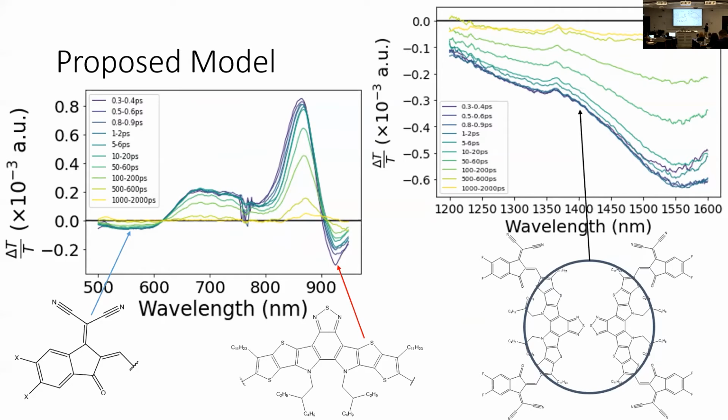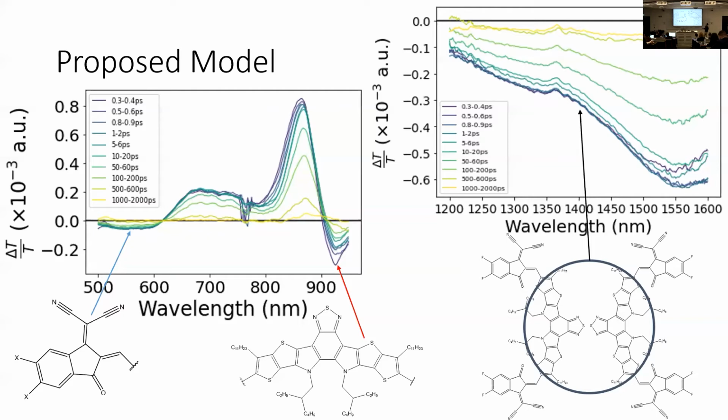And furthermore, we can assign these particular excited states to hole-centered transitions on the core, which you may have spotted were not shared by IEICO and Y6.